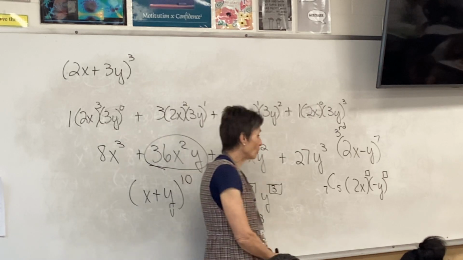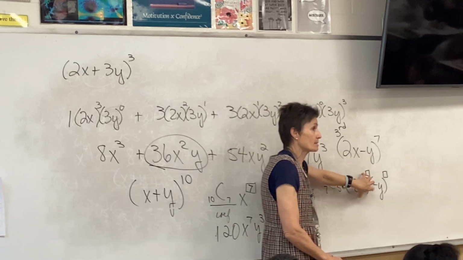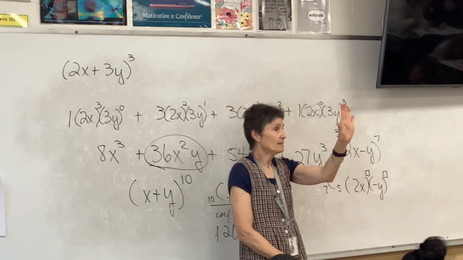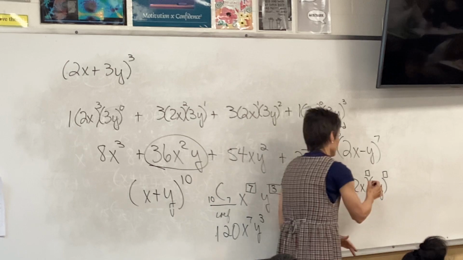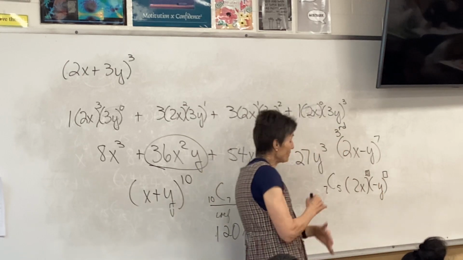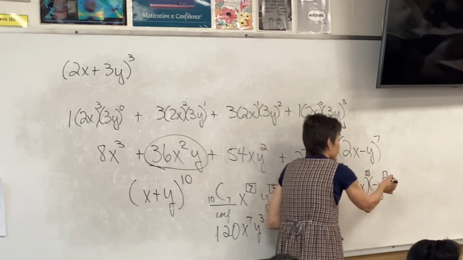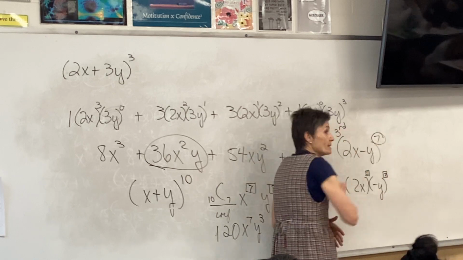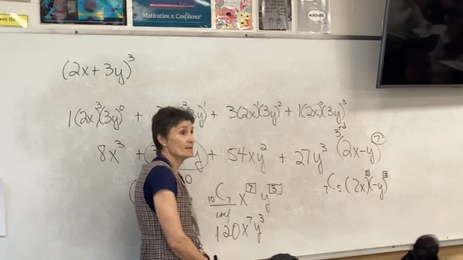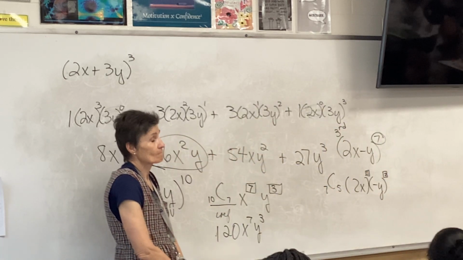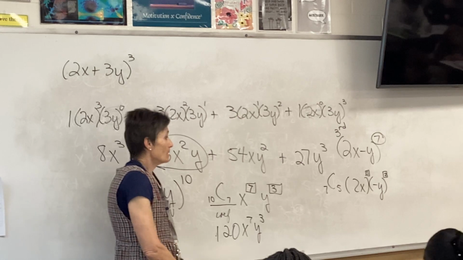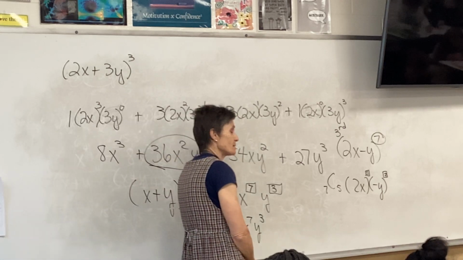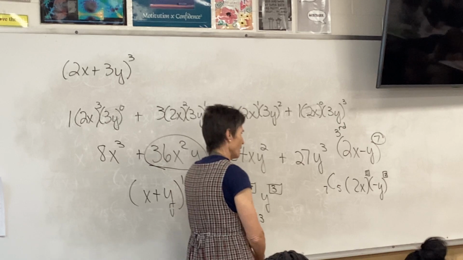The exponent on my x, 7, 6, 5. And then my y will have to be 2 because I'm expanding to the 7. Now I'm gonna multiply. Is that 21?